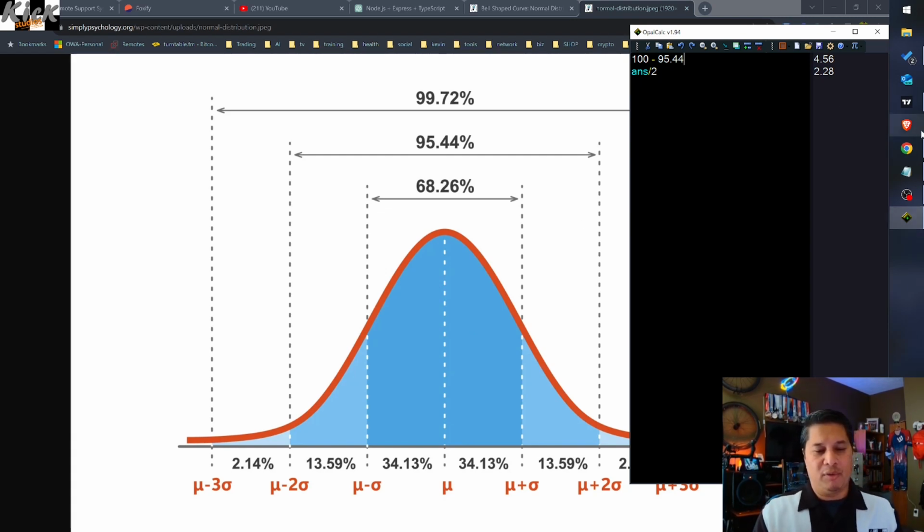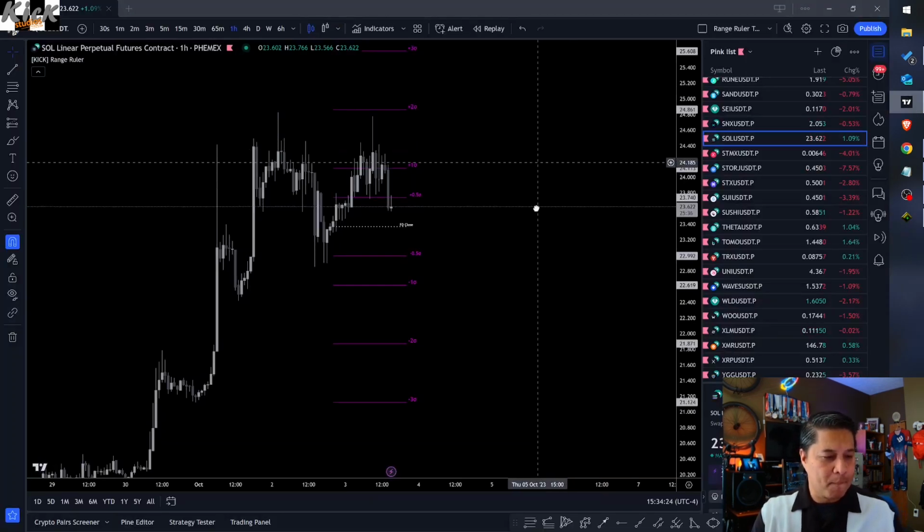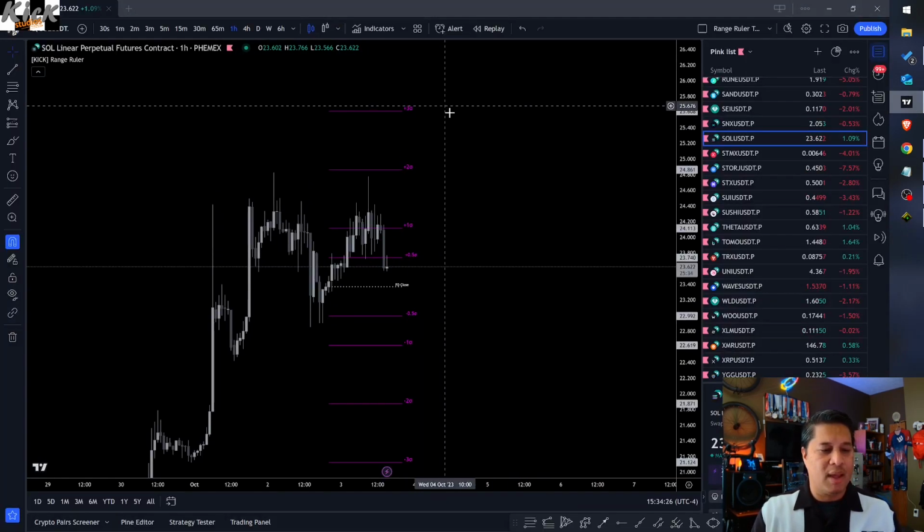And then if you look at this last one, that's 99.72%. Only a 0.14% chance of closing outside that range on a daily basis. It's not to say that it can't happen, but it's extremely unlikely.